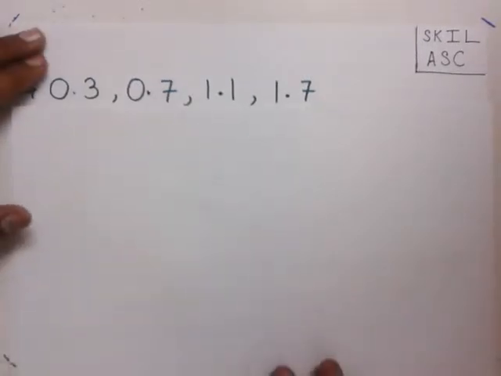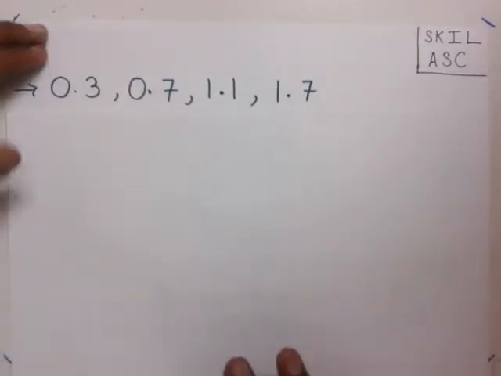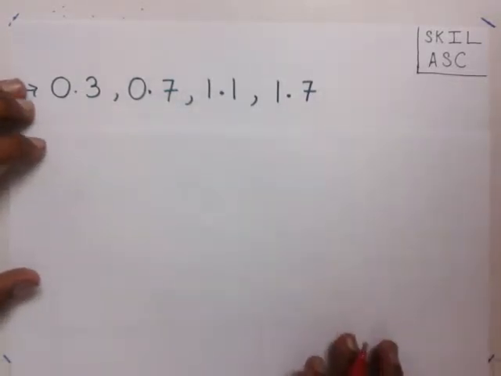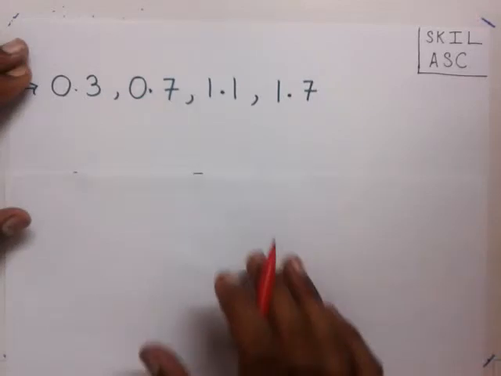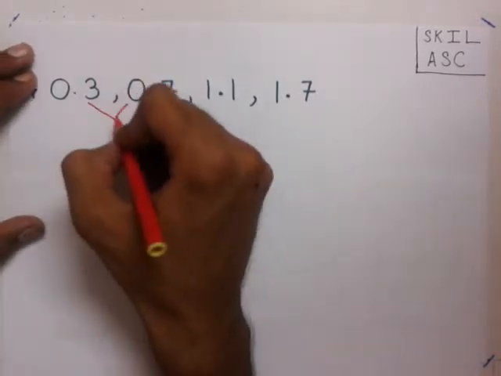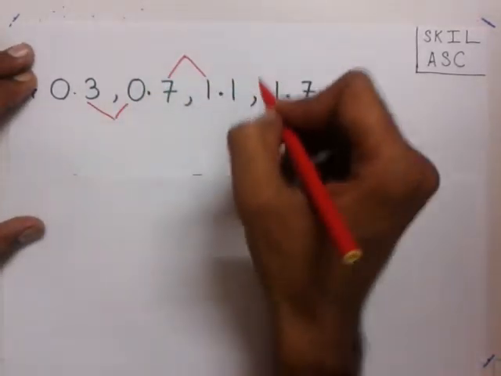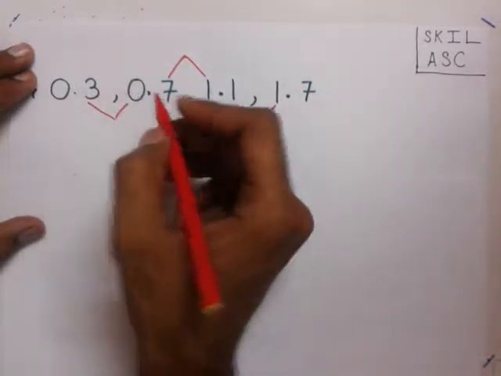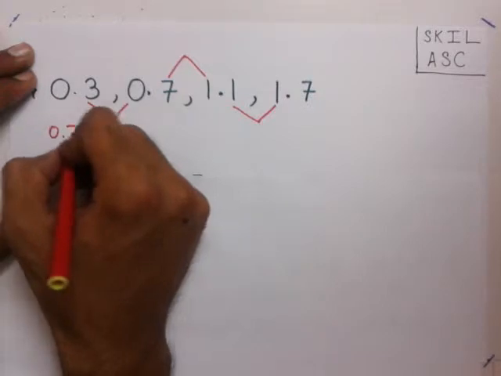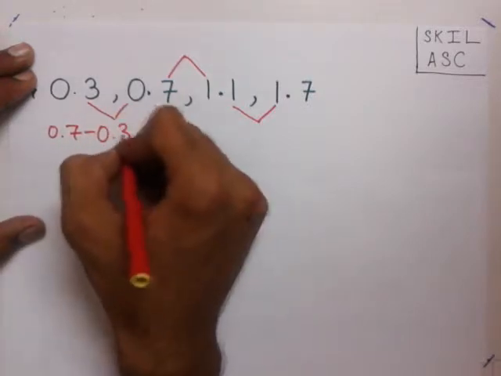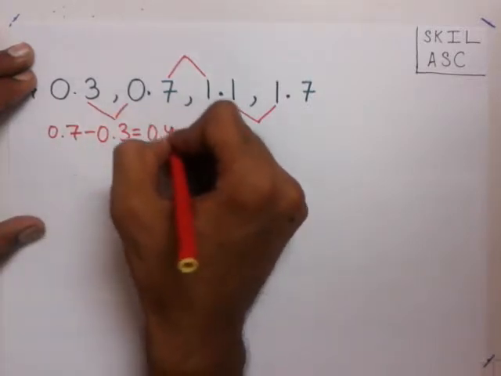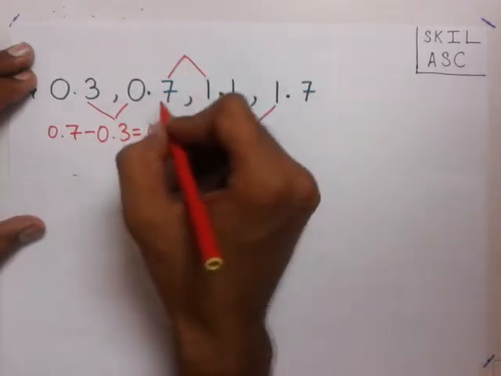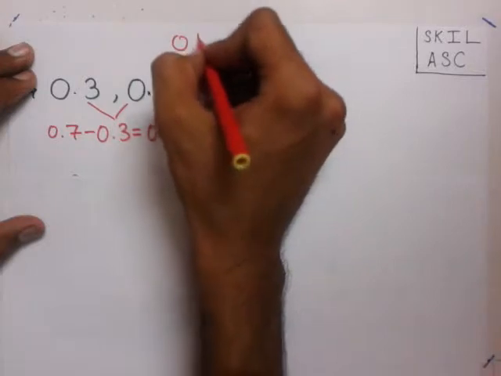Now we go to the next example, that is the next sequence. This sequence consists of 0.3, 0.7, 1.1 and 1.7. Same as above, we calculate the difference between these two terms, and these two terms, and these two terms. The difference between 0.3 and 0.7 is 0.7 minus 0.3, that is 0.4. And the difference between 1.1 and 0.7 is 0.4.